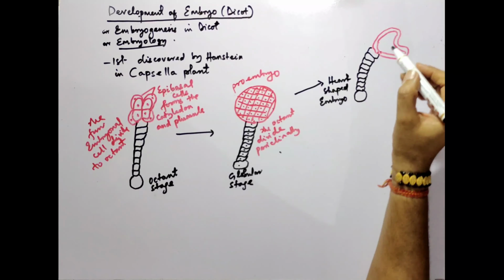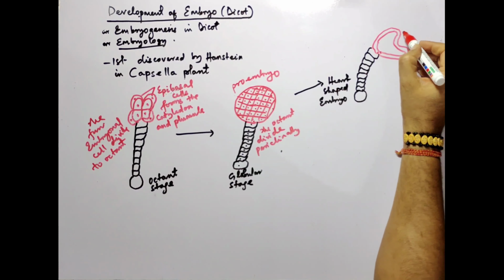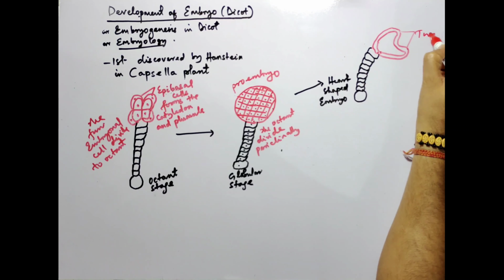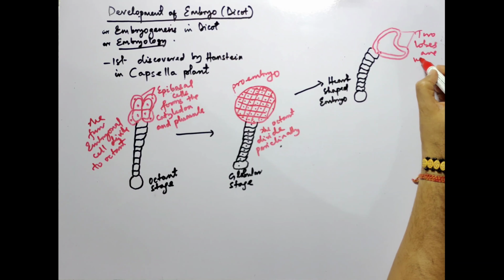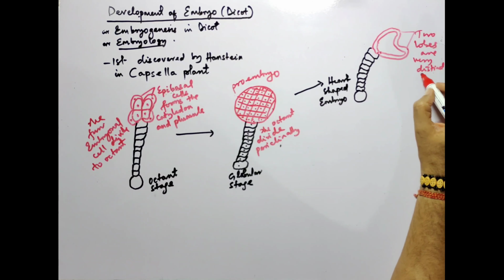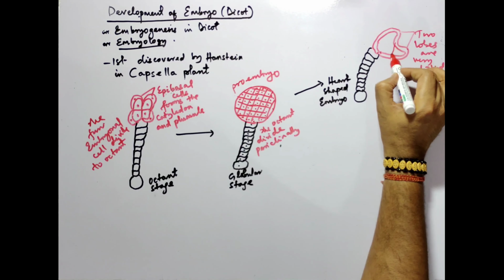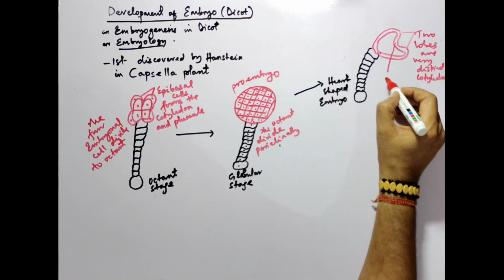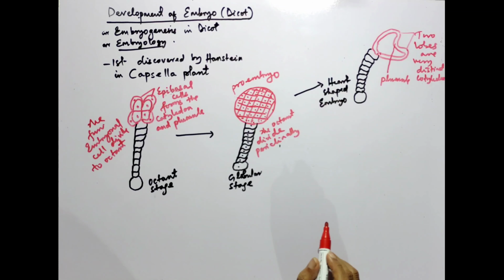In the heart-shaped embryo, 2 lobes are very distinct, which later on give rise to the cotyledon, and this anterior depression portion is called the plumule, which will later on produce the shoot axis.